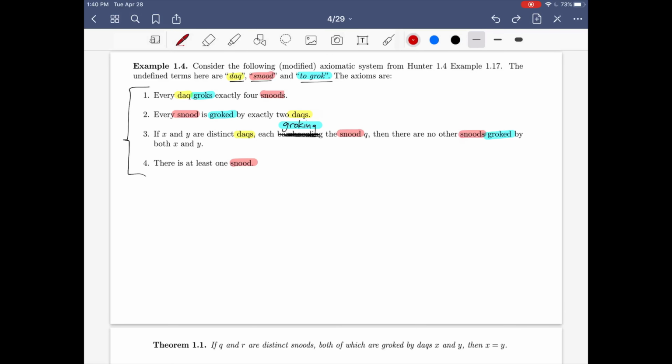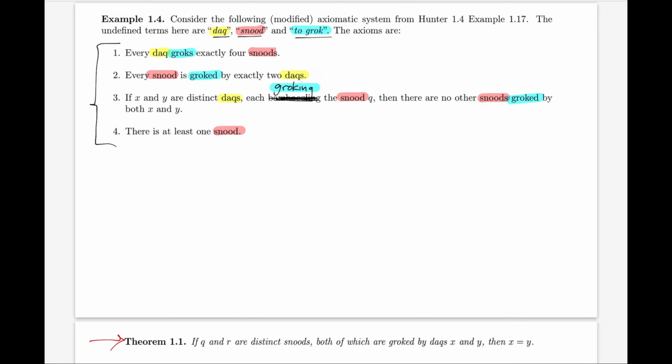So this is the theorem that we're going to try and prove. So we've got 2 different snoods, Q and R, and each of them are grokked by the dak x and by the dak y. And we're supposed to show that x equals y. And the only tools that we have are our axioms up here. So how do we use these axioms to prove this theorem?